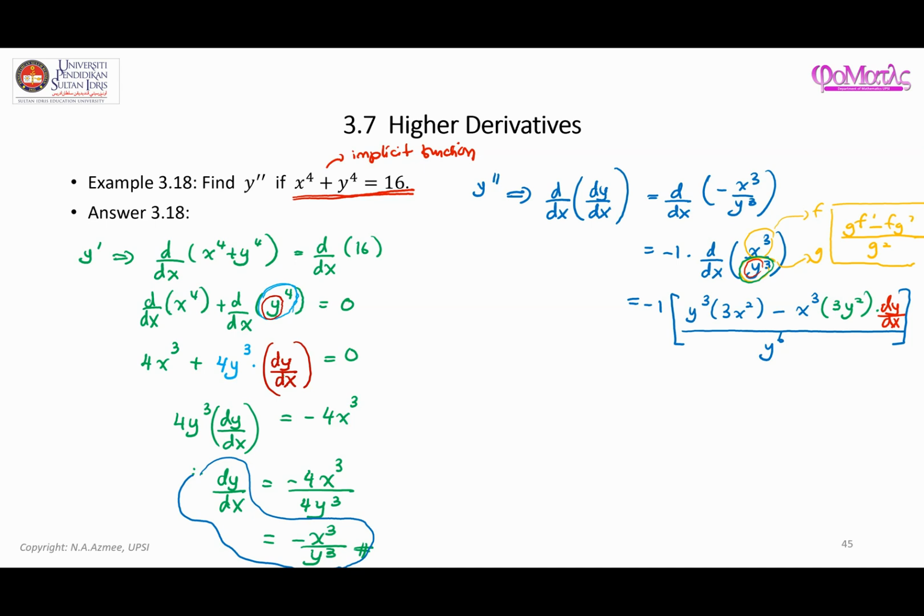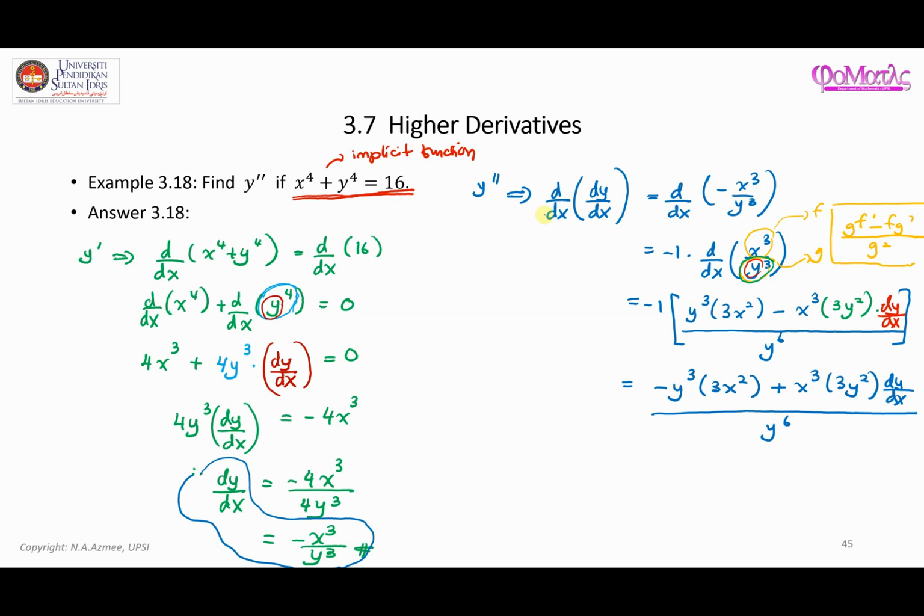Right, now let's just try and simplify that. So we have negative y cubed times 3x squared, plus negative 1 times negative x cubed, so you will have plus x cubed times 3y squared dy/dx, over y to the power of 6.